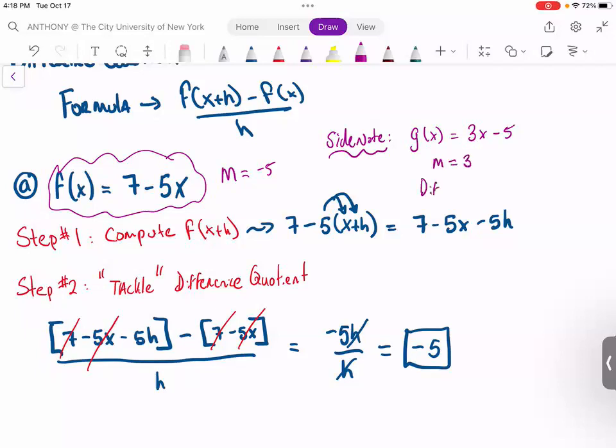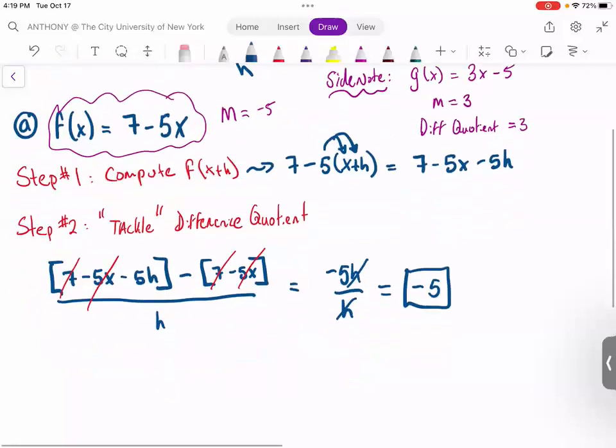When you apply the difference quotient, you're also going to get the value 3. Now, this only works when you deal with linear functions, namely when the graphs are straight lines. When you deal with functions that are no longer linear, this idea that the difference quotient is equivalent to the slope does not apply.